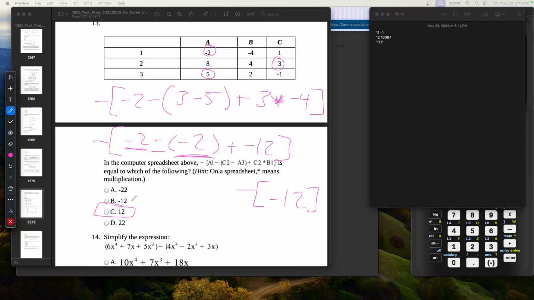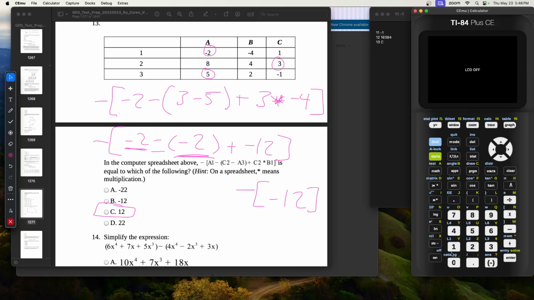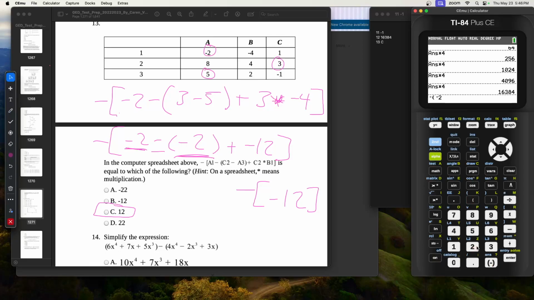Does this make sense? Can you do this? Yeah, negative 2 minus negative 2.